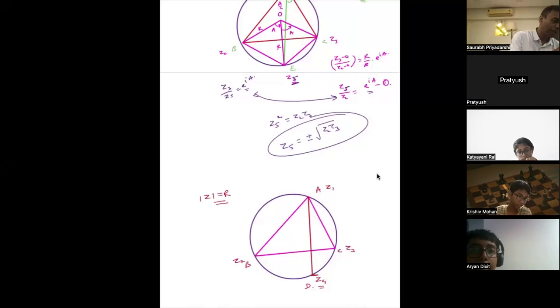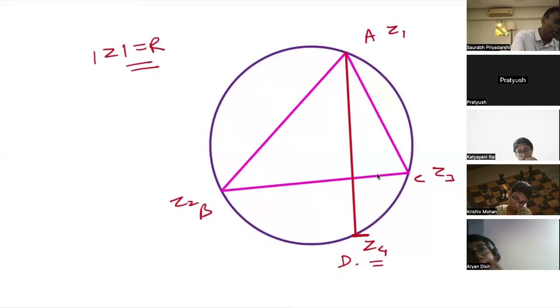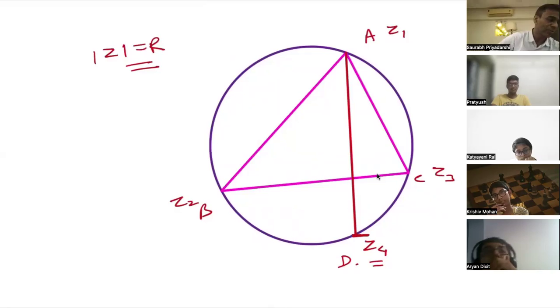And now I have given a question. In mod Z is equal to R, in a triangle ABC, AD is the altitude through A that intersects the circle again at D, that is Z4. We have to find Z4 in terms of Z1, Z2, Z3 and the reflection of Z4 with respect to the line BC. Only two things, right?